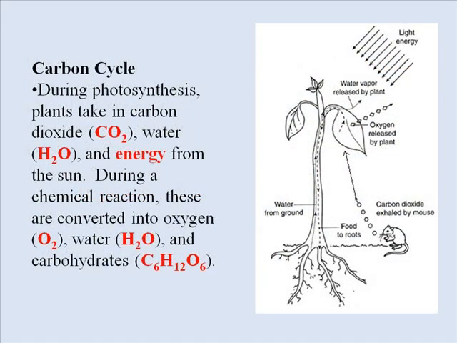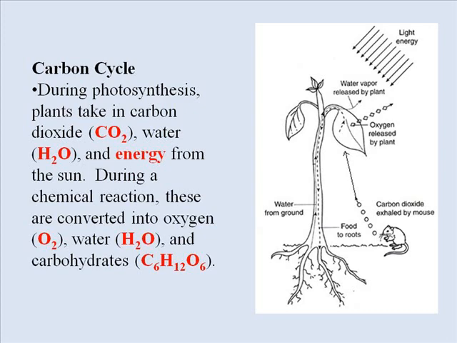In the carbon cycle, the first 2 parts I'm going to talk about are how animals and plants trade off carbon and oxygen. During photosynthesis, plants take in carbon dioxide, CO2. That C is the element of carbon. So plants are going to take that in, along with water and energy from the sun, and then they're going to convert all that into carbohydrates, which again, the C in carbohydrates, if you look at the C6H12O6, that is carbon.